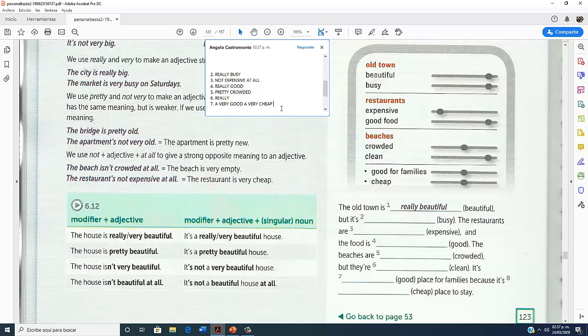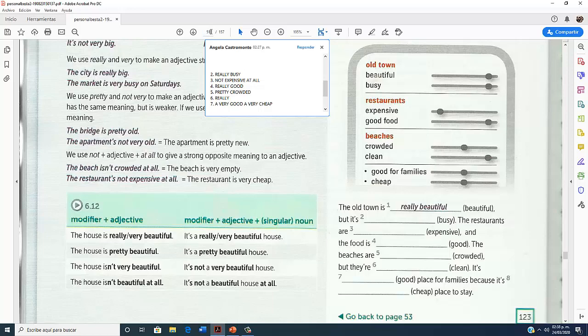Okay? So the idea is that you recognize the position of them. Remember, what is the position of those words? Before the adjective. And here you can say it depends on your opinion. You can say really beautiful, very beautiful, pretty beautiful, as you decide. Okay? The important thing here is that you recognize where each word goes.